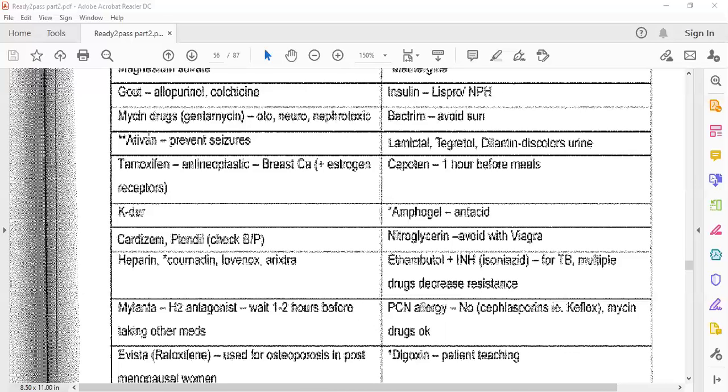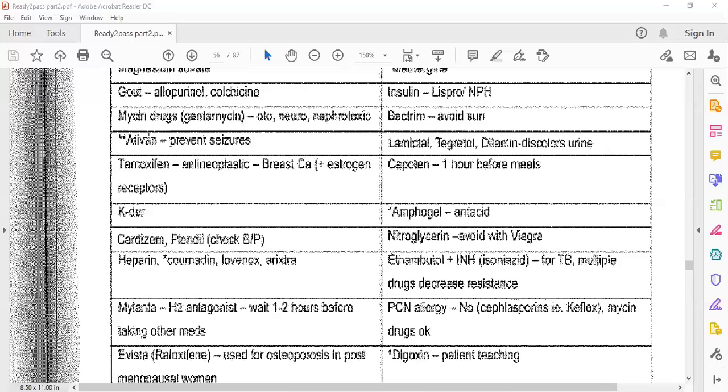Let me recap it: alprazolam, clonazepam, clorazepate, diazepam, flurazepam, lorazepam. So the ending of all is pam. All of these are benzodiazepines, I said.